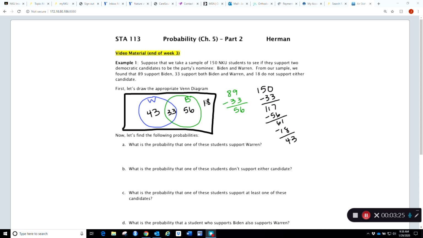So I would make sure at this point you feel okay with where I got each of those numbers. Because notice the 89 you don't see directly on there. It's showing up in those two pieces being added together.